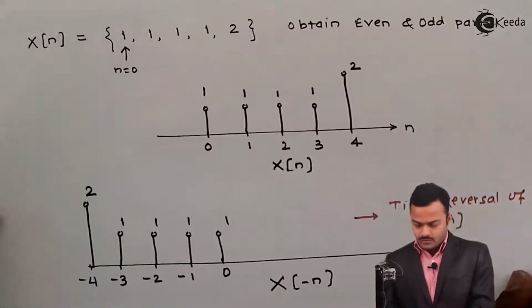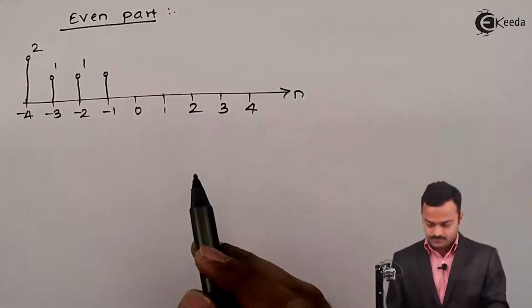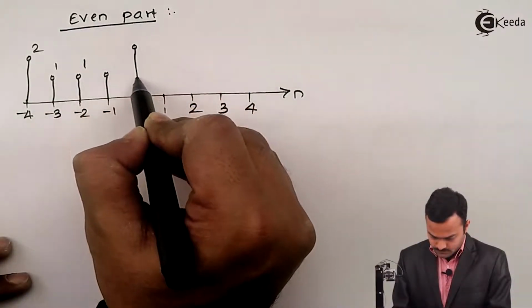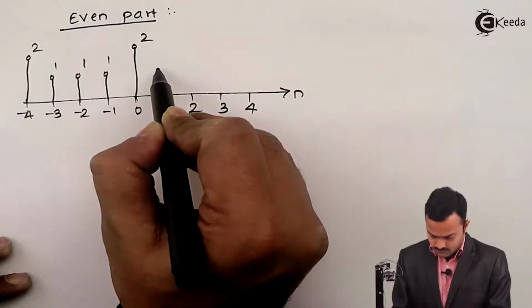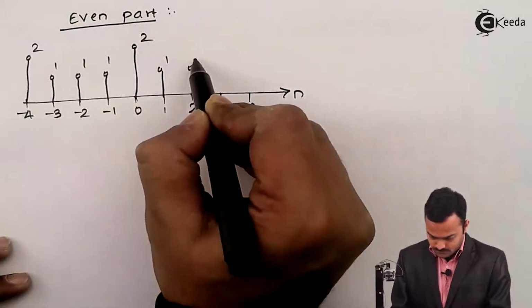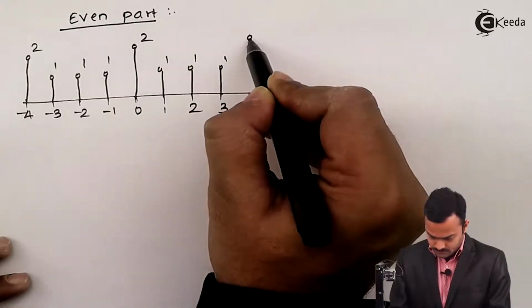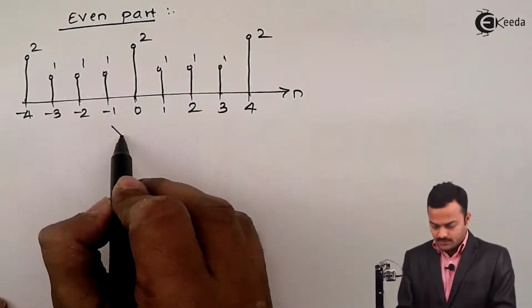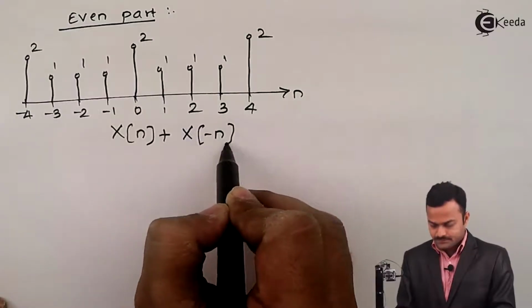For n equal to 0, I will get 1 plus 1, which is 2. So this signal we obtain is nothing but x of n plus x of minus n.